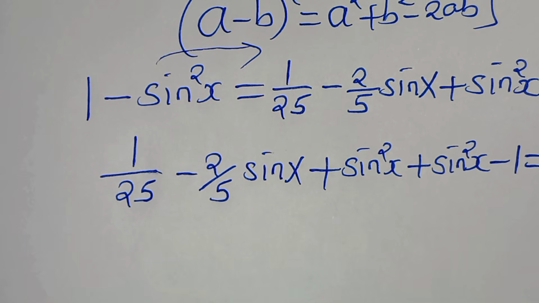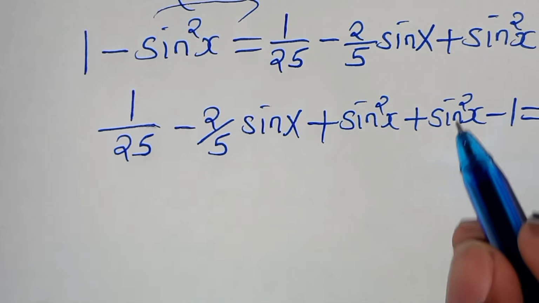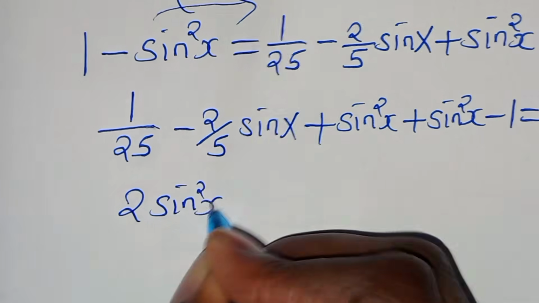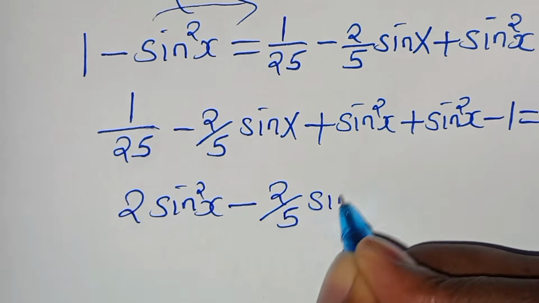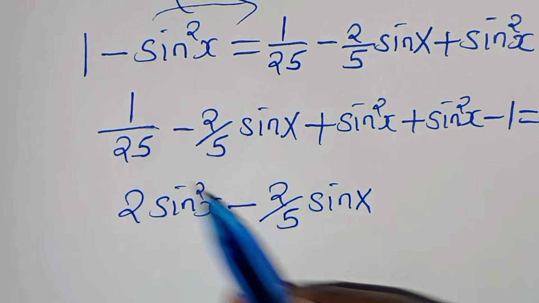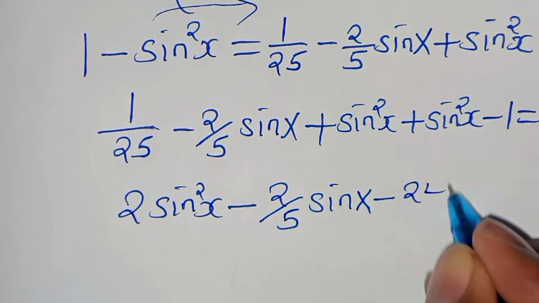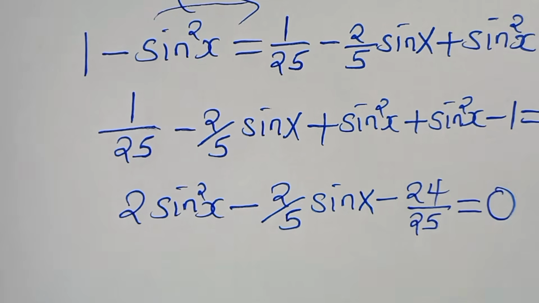Now, the next step from here, we have sin squared plus sin squared. This is 2 sin squared x, then minus 2 over 5 sin x, then 1 over 25 subtract 1. This is minus 24 over 25, and this is equal to 0.